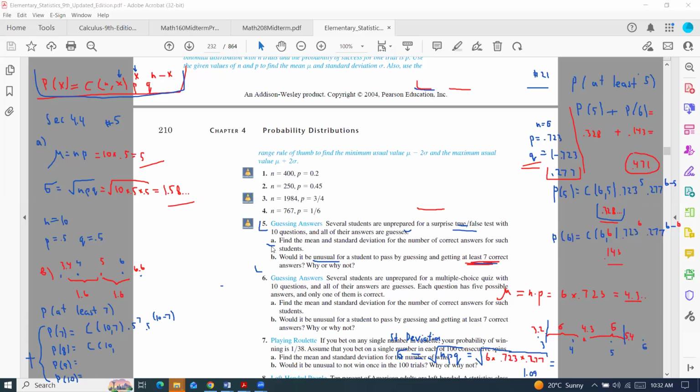Instead of 7, now I'm going to put 8, because now we calculate what if you guessed exactly 8. It is harder, but well, it is possible. Maybe chances are much lower, but it is still possible.